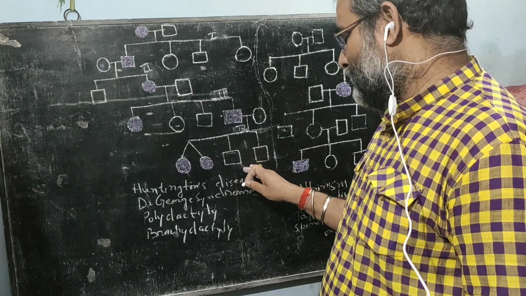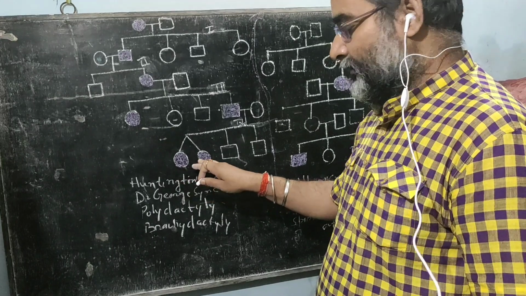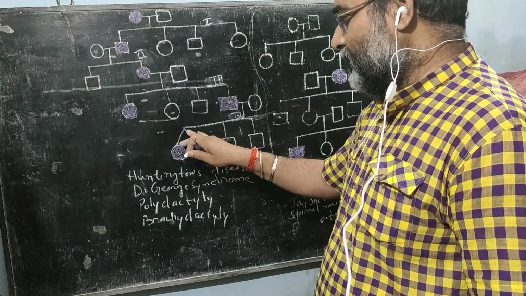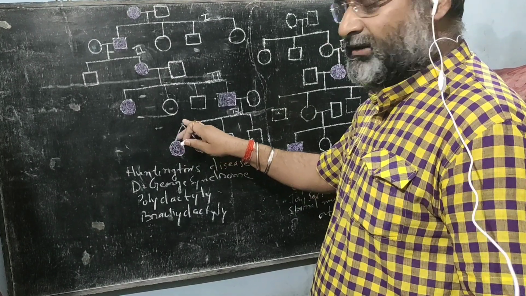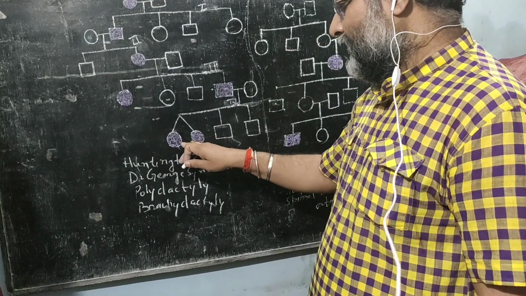In the fourth generation, there is a twin, a girl twin, that is homozygotic. Here the symbol represents the homozygotic nature, and it is affected.